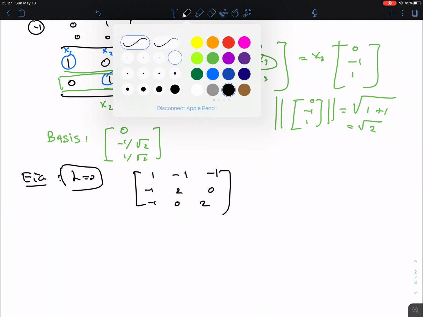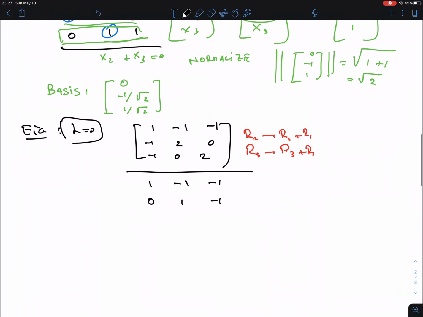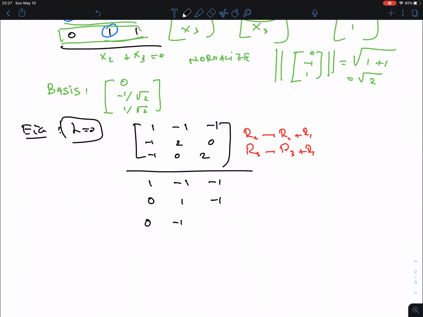Okay, we have a pivot here, so we do row 2 plus row 1, and row 3 plus row 1. Get 1, minus 1, 0, 1, negative 1, and then 0, negative 1, 1. Okay. That's good news here.